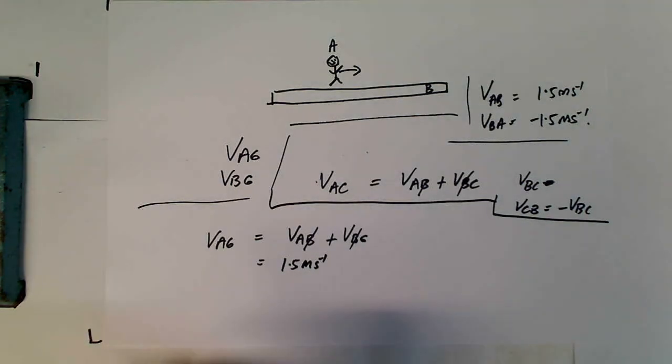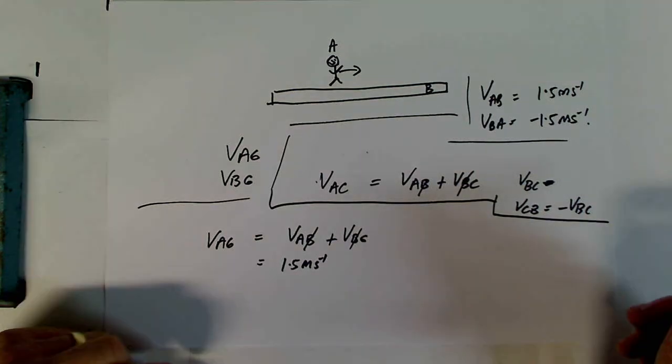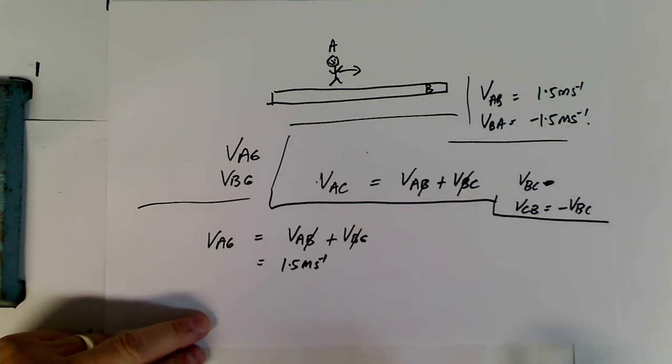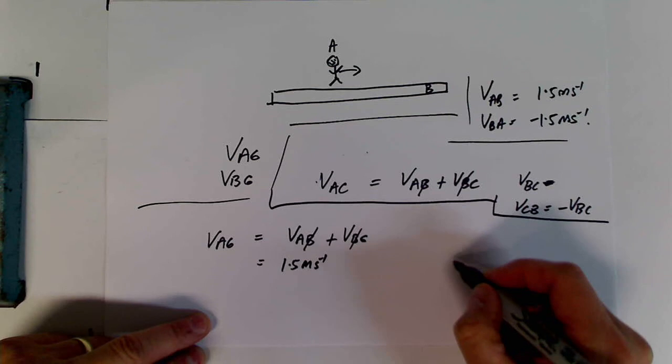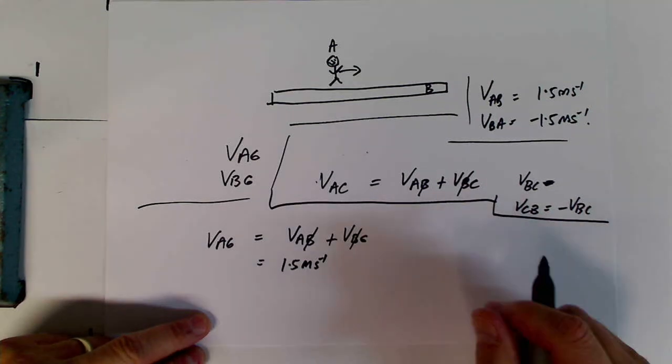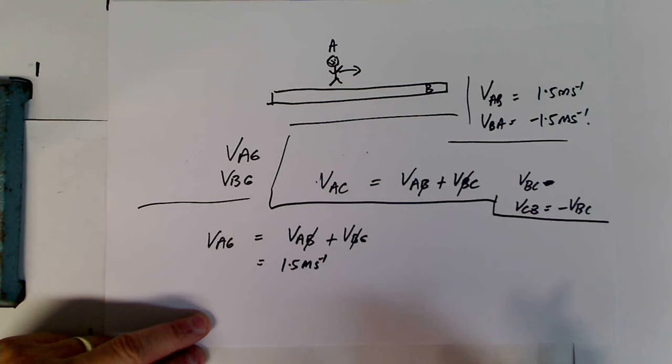At this stage, I can't immediately solve that. We just know their velocities relative to each other. But this is where, if we've done our equations from the conservation of momentum, the fact that the velocity of the center of mass stays the same if there's no external force, then we should be able to put in a substitution from somewhere.